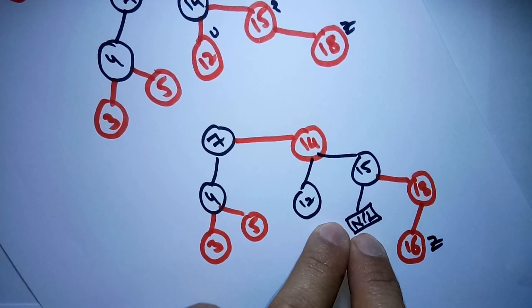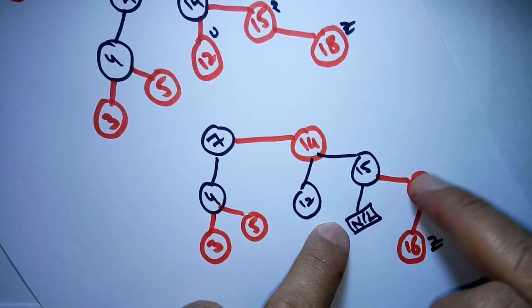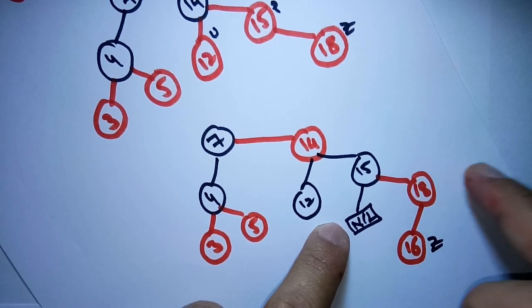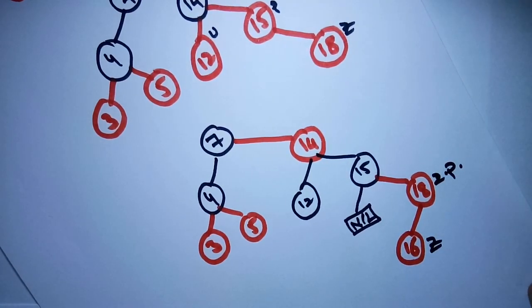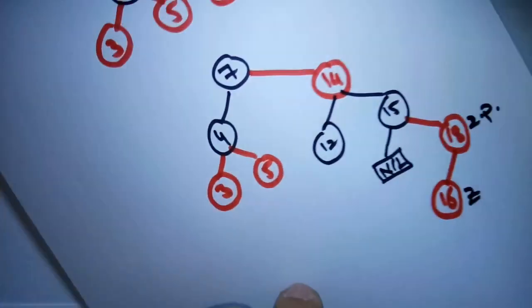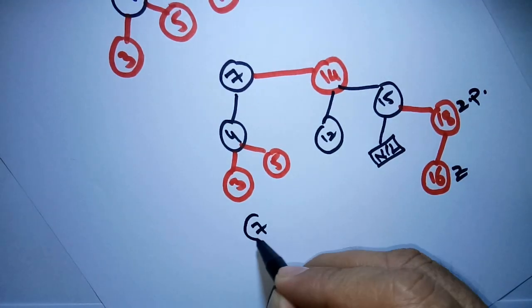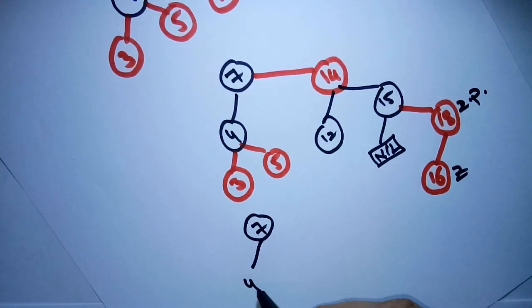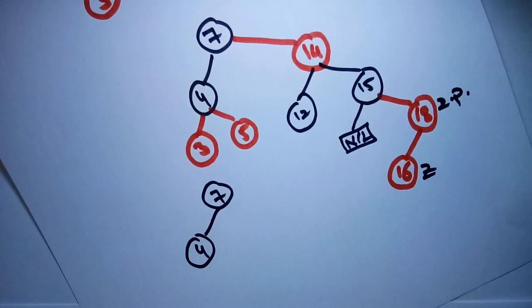Case number 3 says rotate its parent in the opposite direction. So this is z.p. This will be rotated in the opposite direction. If we rotate this, what will happen? 7 is in the right position, 4 is fine, the children of 4 are fine.